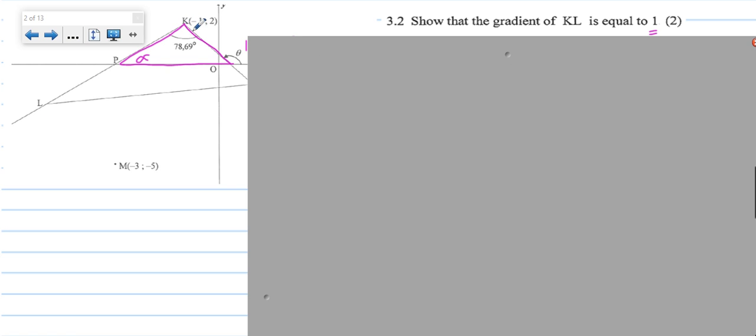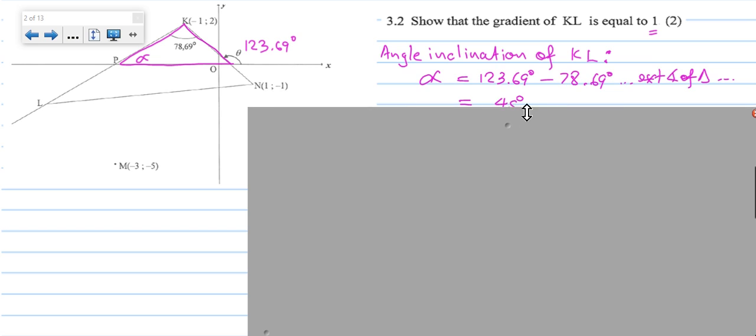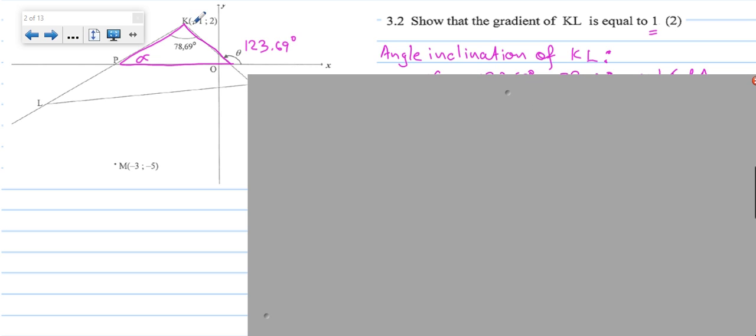But if you look at this triangle KP, and let's suppose this is S, then KPS forms an exterior angle of the triangle.